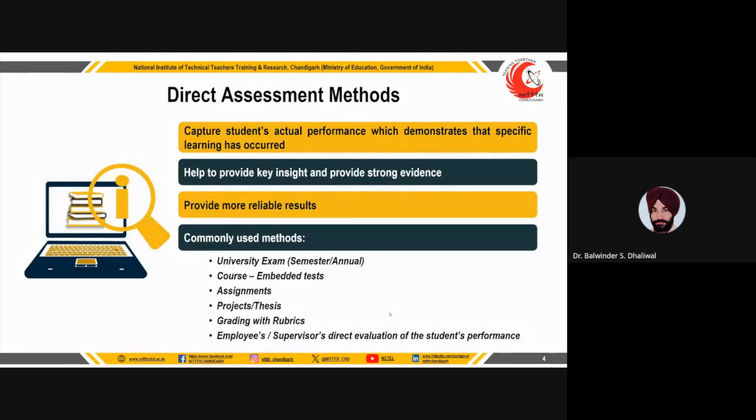Then there can be direct supervision or direct evaluation of students' performance by the teacher or the supervisor. These are the tools we commonly use in our day-to-day teaching-learning activities. These are the same tools, but they are now aligned with the COs for the calculation of CO attainments.